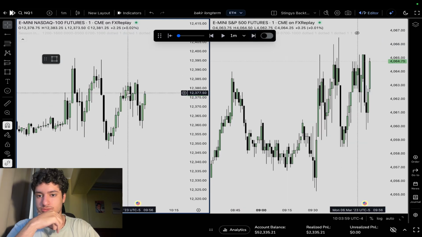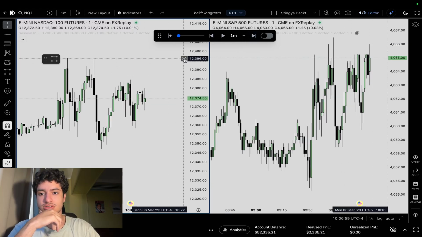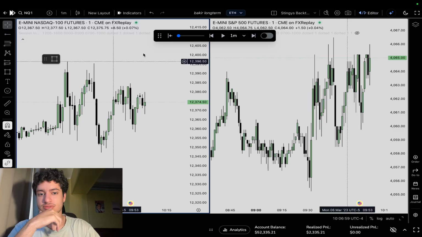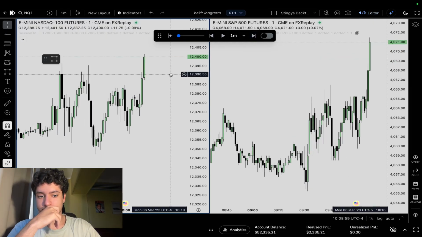Okay, 10 a.m. opened. We put the wick down. I'll be open to longs if we close above these highs and kind of go for these relative equal highs.